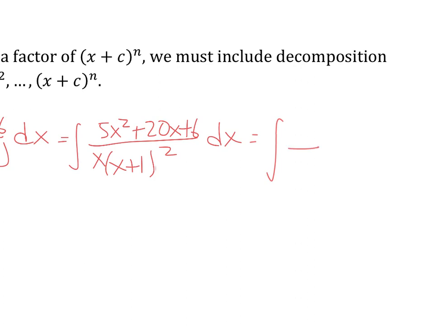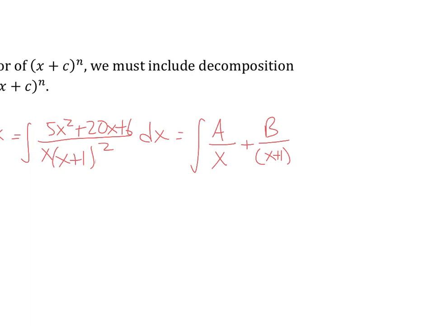So we have a capital A over x, since the first factor is x. The second factor is x plus 1, and since we have x plus 1 squared, we need to have B over x plus 1 to the first and C over x plus 1 squared.